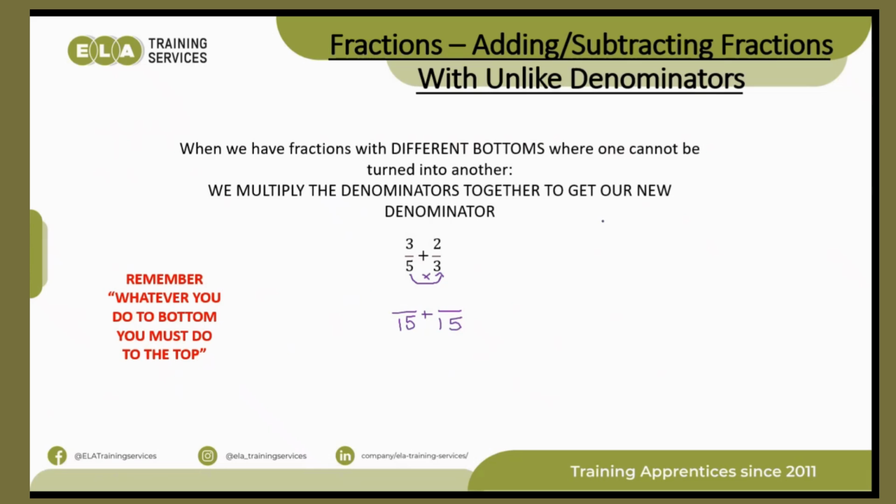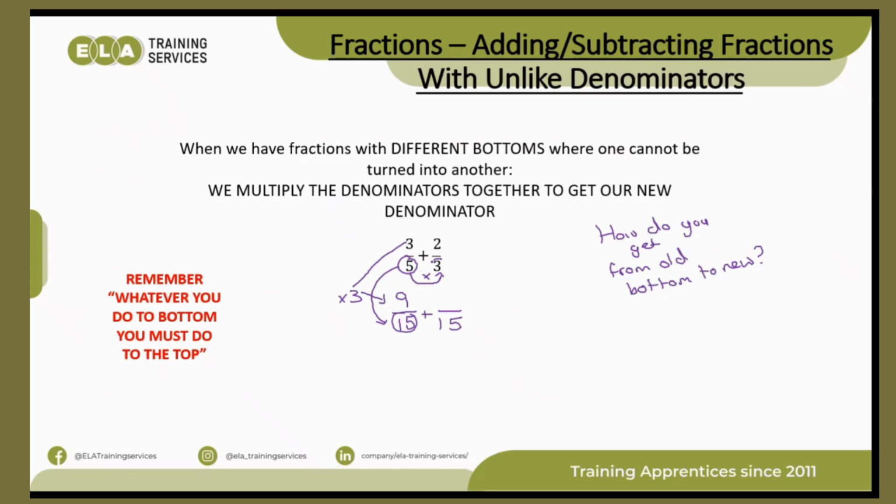Then, as before, you say, how do you get from your old bottom to the new? So how do we get from 5 to 15? We times by 3. And we do the same to 3. So that becomes 9.